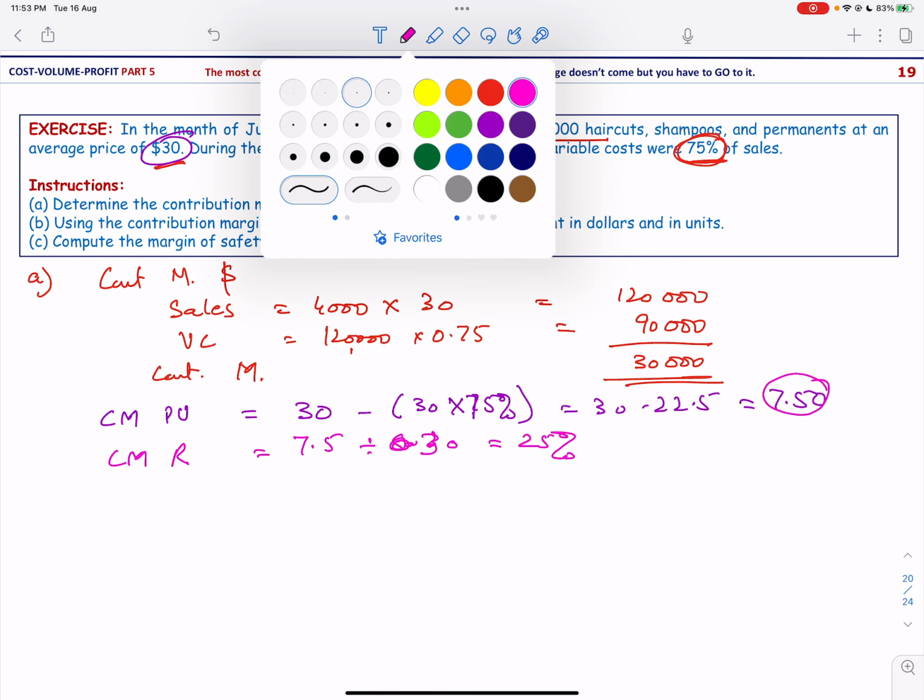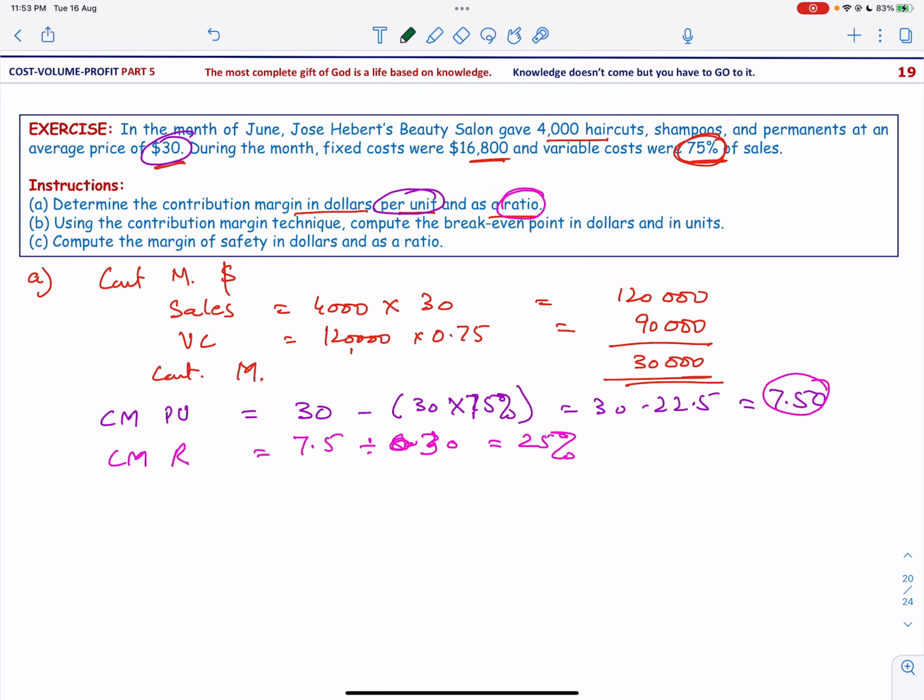Then we move on to part B, and they say using the contribution margin technique, compute the break-even point in dollars and units. So we have break-even point in dollars, that is fixed cost 16,800, divided by the contribution margin ratio, and that is 25%.